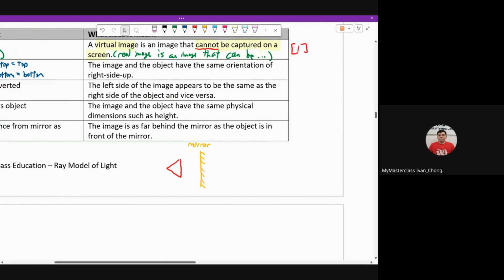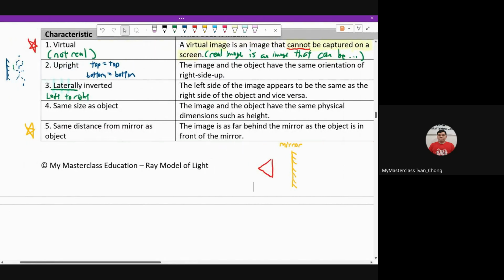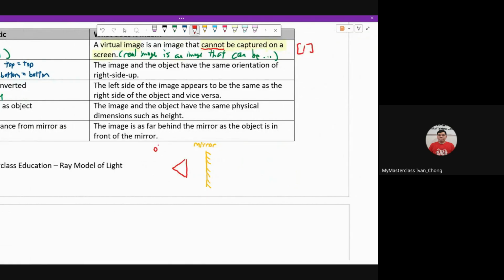We know that your distance from the mirror is the object. So this is my object. So I'm trying to find my image. So the image and the object, they are the same distance apart. So what we're going to do is we're going to measure this distance D over here, which is 90 degrees. So once you found this distance D, you'll notice that the image is exactly the same distance away.